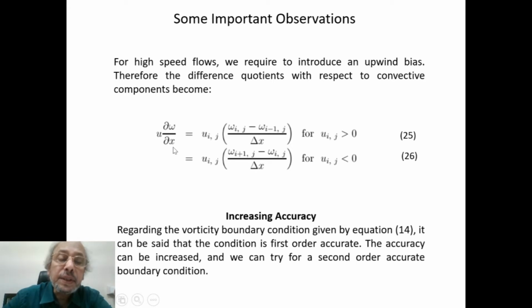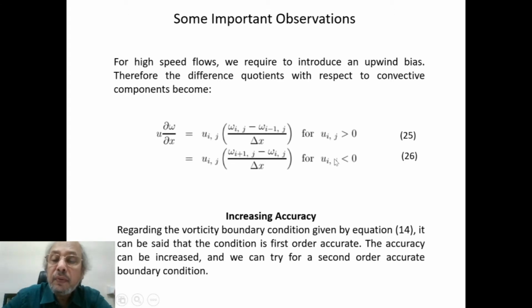When we discretize it for local velocity u_ij positive, it will be u_ij times omega_ij minus omega_(i-1)j, the upstream point, divided by delta x.